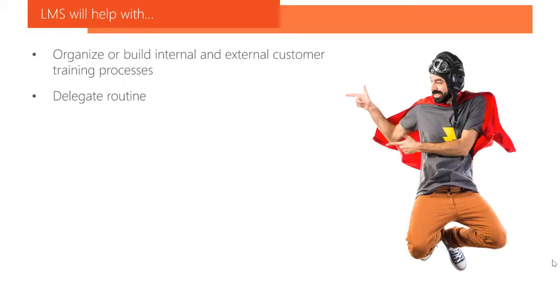Okay, so what will be the result of an implemented learning management system? The learning management system is an IT product, and of course, the methodology or some processes in your company that will help you, first of all, organize and build this learning management process. So it will not be just, okay, let's learn something.